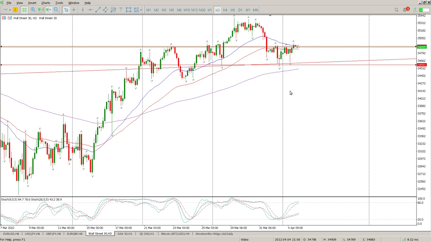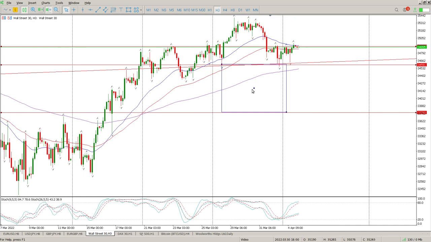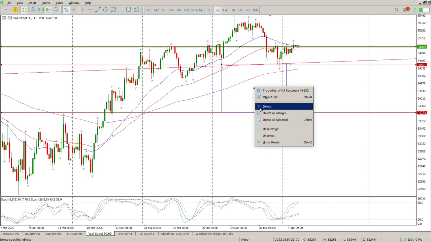Break, retest, that validates a head and shoulders to the downside, and more than likely going to test this zone here. Fairly close. Okay, so let's just get rid of that.